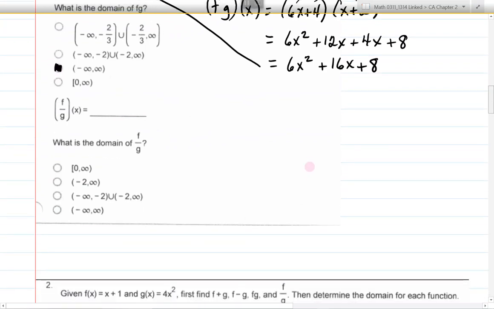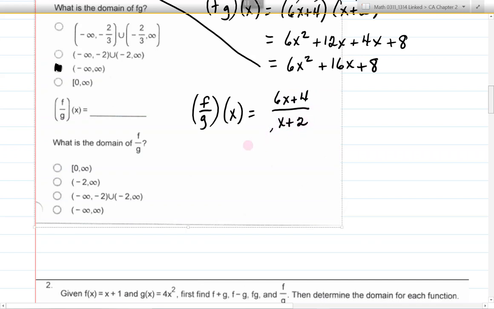We have our last part, and it's f divided by g of x. Put the f function on top, 6x plus 4, over the g function, which is x plus 2, and that's all you type in. You don't have to actually try to do any of the division.